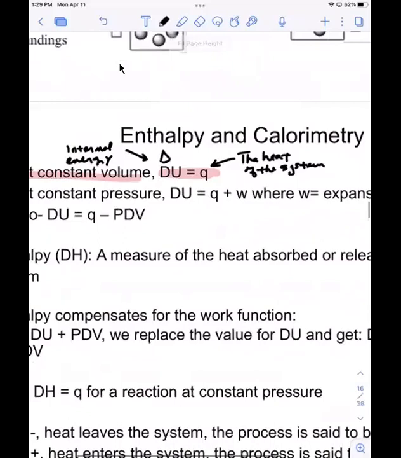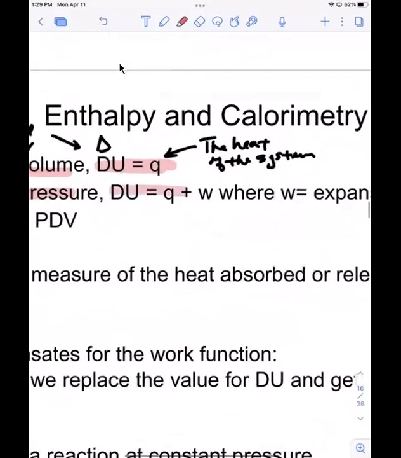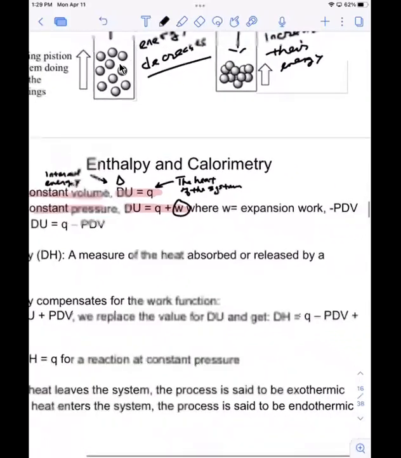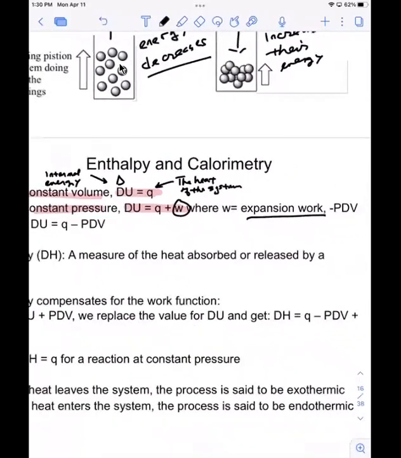At constant pressure, we have to add in the work component, because the work is the system pressing down on the surroundings, or the surroundings pressing down on the system, right? Work is expansion work, either being compressed or expanding.